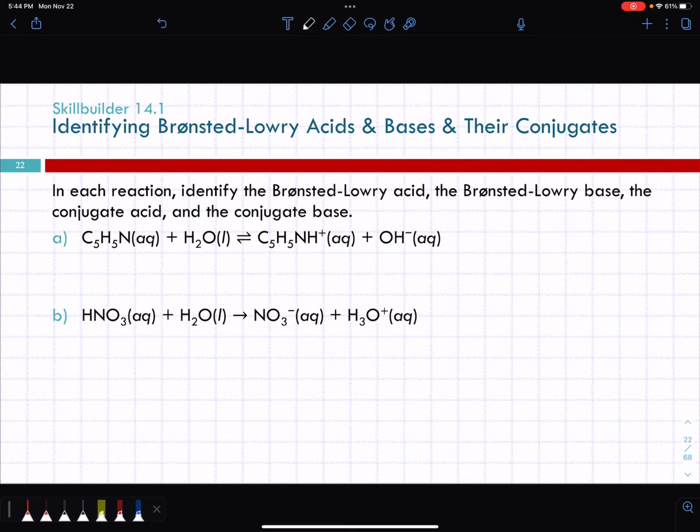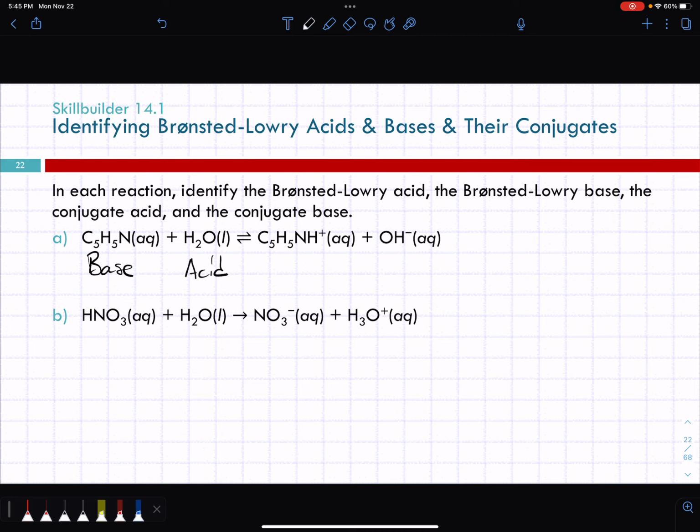Yeah, so H2O is the acid. So that makes this, I think it's pyridine, doesn't really matter, the base, because going from the reactant side to the product side, it gains that proton. So it's accepting that proton, which makes it the base. Water loses the proton, so that's the acid.